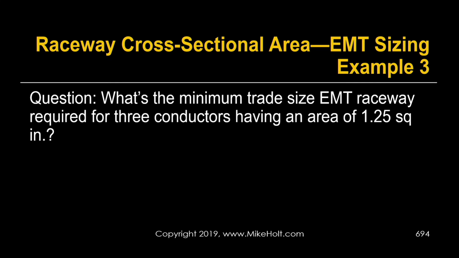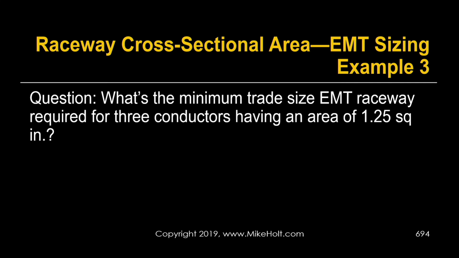What about minimum size EMT required for 3 conductors having an area of 1.25 square inches? Now they're asking that different. They're saying, hey, this is how much I have, right, as far as fill in there, 1.25 square inches. Find me an EMT that'll accommodate that. So what we're going to do is we're going to go into the over 2 wires category because it says 3 conductors, and we're going to find something that will accommodate 1.25.